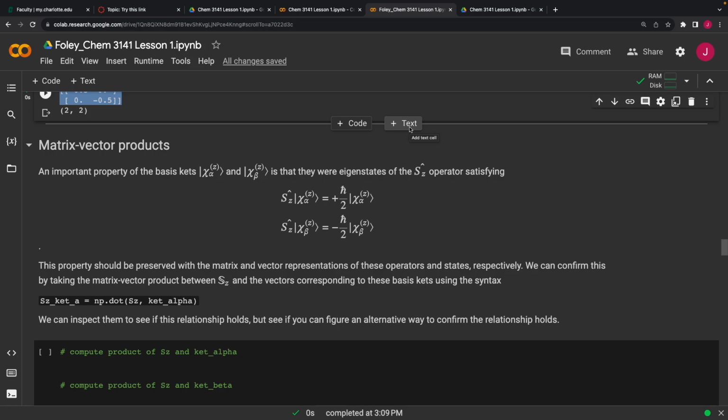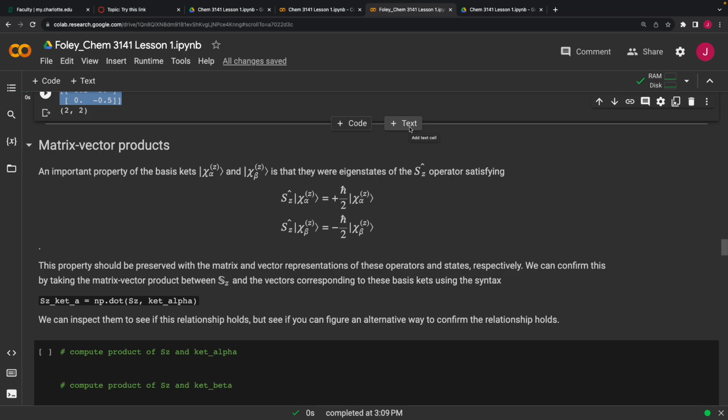So here we have a set of eigenvalue equations with the operators, and we're going to show that the matrix representation of SZ and these basis kets will also satisfy these eigenvalue equations. Basically what these eigenvalue equations say is I have this state, ket alpha.